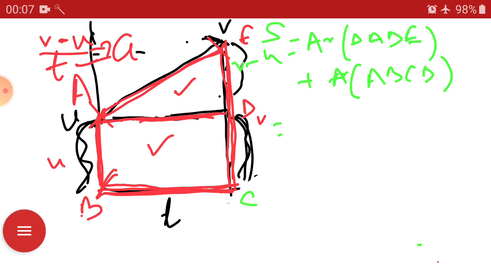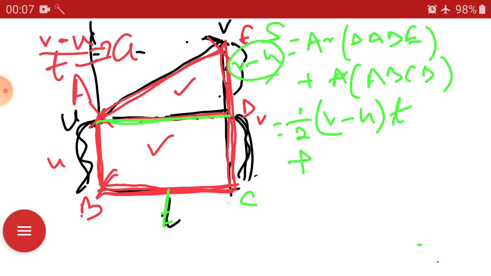So what is the area of triangle ADE? The area of a right angle triangle is half into base into height. So half into base. What is the base? The base is v minus u. Half into base into height, and the height is your time. Plus the area of ABCD.